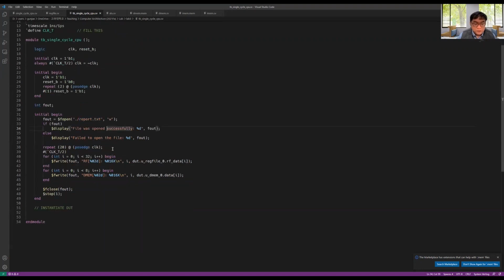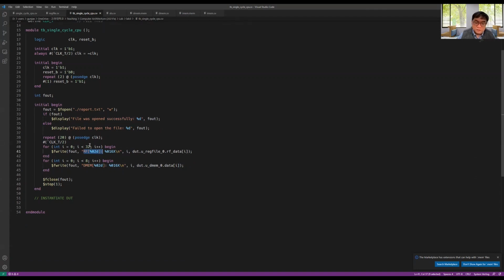So in order to check the correctness of your design, we will check the content data inside of a register file and data memory. If you see this test bench, you can find that it stores the data inside of a register file like this, and the data inside of data memory like this.